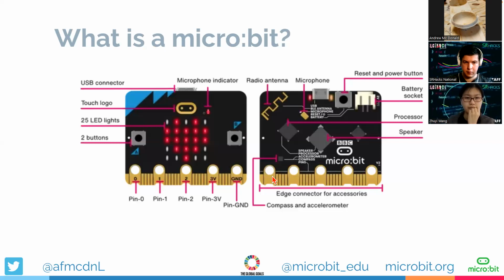You can have external sensors, as simple as creating a circuit, or as complex as a light sensor or a temperature sensor. And in terms of outputs, we can have lights or motors or all sorts of other things. So lots of opportunities to explore with this.